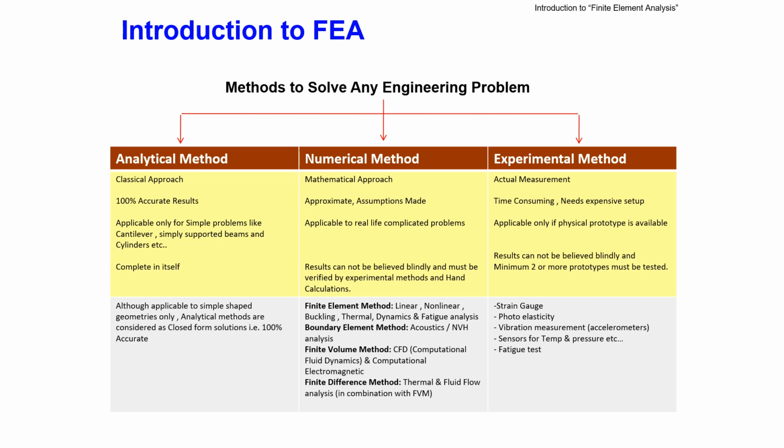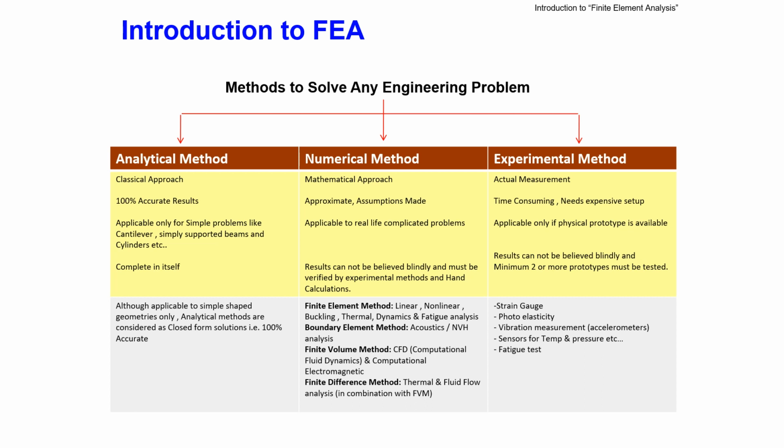Once a specimen is broken, it is useless. So to check a particular product in an engineering analysis, if we use experimental method, it is a costly and time consuming method. Some of the experimental setups used are strain gauge, vibration measurement, sensors for temperature and pressure measurement, fatigue test. All these we can see in a laboratory.